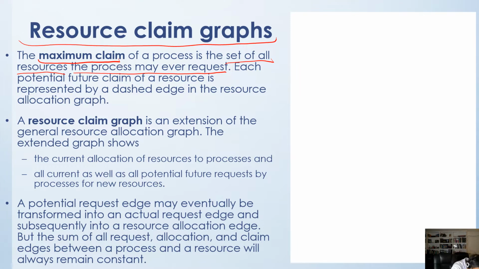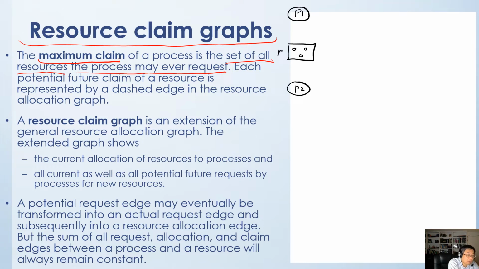We have two processes, P1 and P2, and a resource R, which has 3 units.